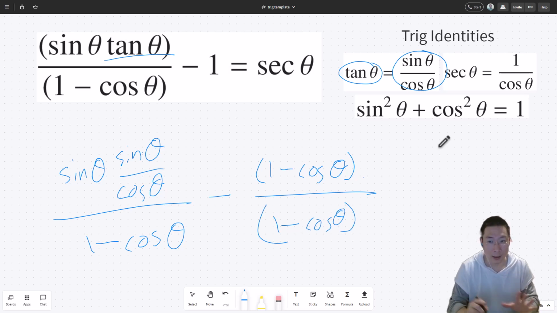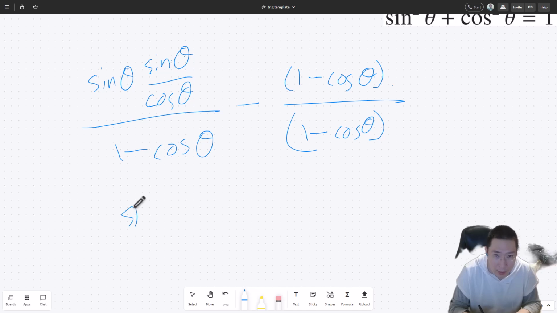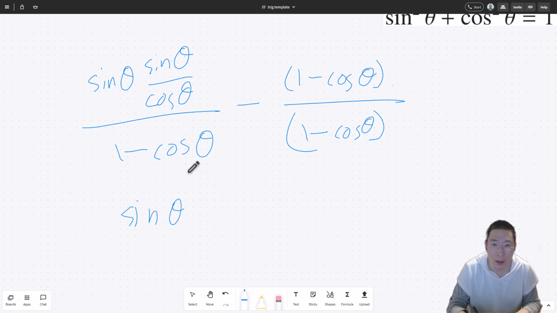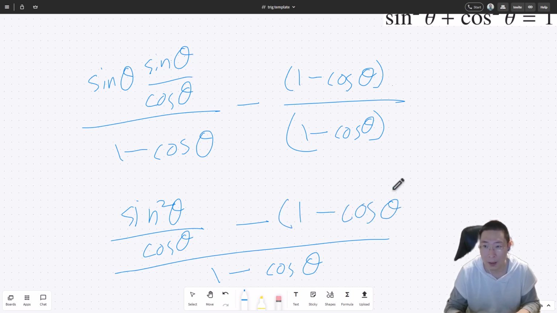Now, the next part, let's combine the denominators, and we got the numerators together. Okay, so let's move down a little bit. Now we have sine theta. Now we're going to multiply the sine theta together, so we're going to have sine squared theta all over cosine theta, and then we have the common denominator of 1 minus cosine theta, then minus the numerator combines, and we have minus 1 minus cosine theta.